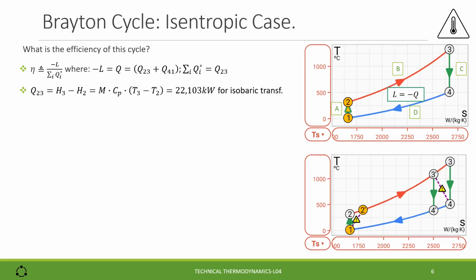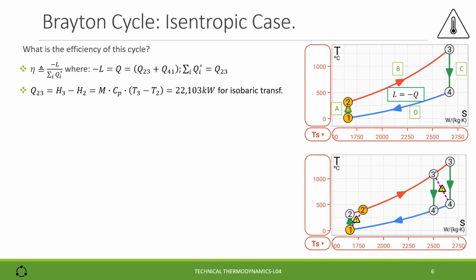And Q23 equals the difference of the enthalpies of the points 3 and 2, that is the product of the mass, the specific heat at constant pressure, and the difference of the temperatures because of the isobaric transformation.